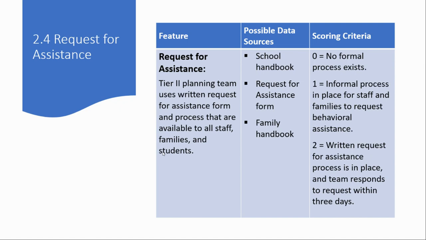So remember from your training, when we have our tier 2 interventions, we want to make sure that these tier 2 interventions are readily accessible as soon as a student has been identified and seen as a candidate in need of tier 2 assistance. Those interventions should be able to be started within a few days of that student being nominated, and the team too going through that process to decide that that student is qualified to receive those tier 2 interventions.